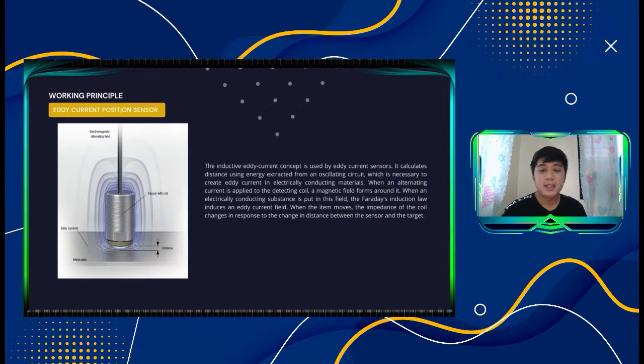When the sensing coil is supplied with an alternating current, it causes a magnetic field to form around the coil. If an electrically conductive material is placed in this field, an eddy current field is induced according to Faraday's induction law. When the object moves, it causes a change in the impedance of the coil, which is proportional to the change in the distance between the sensor and the target.